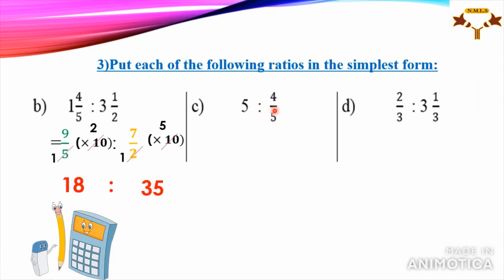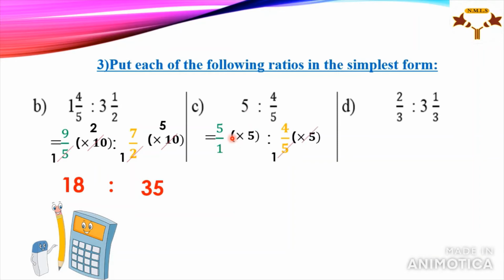Number C, 5 to 2 and 4 over 5. Here I write 5 as 5 over 1, and 2 and 4 over 5 here. What is the number divisible by both 1 and 5? Sure, it is 5. So multiply the first fraction by 5 and the second fraction by 5.